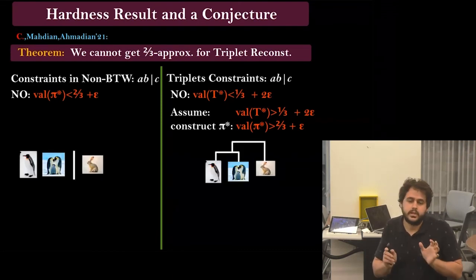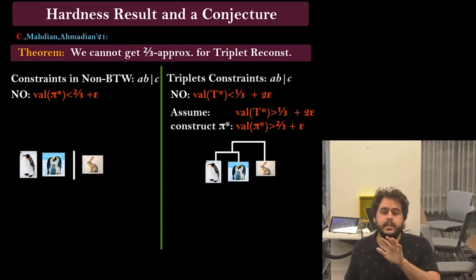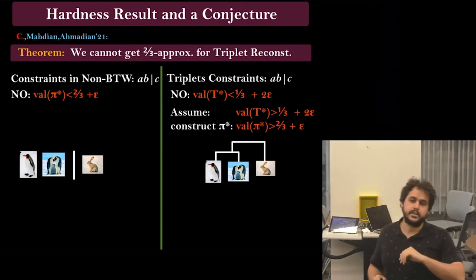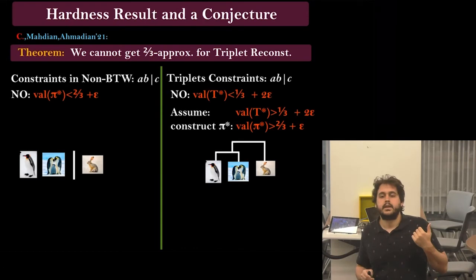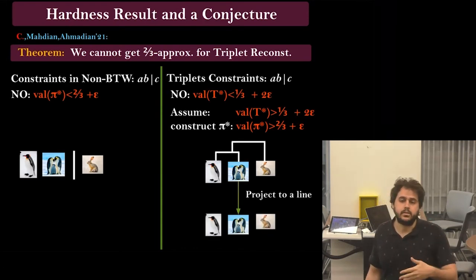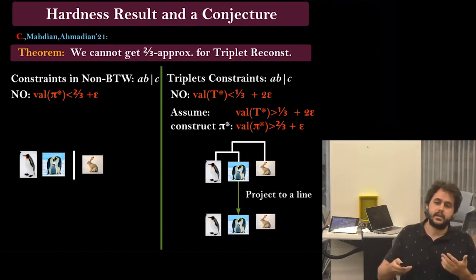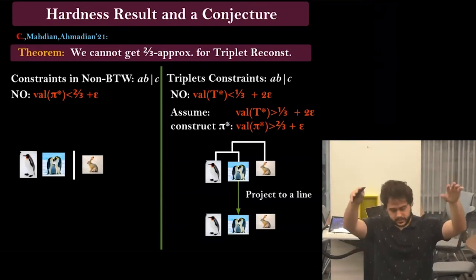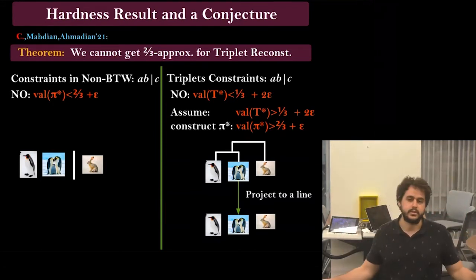So here the main observation is that if a triplet is satisfied in the tree, just by projecting onto a line. What do I mean by this? Just look at your tree and let the leaves fall. This will create an ordering on a line.